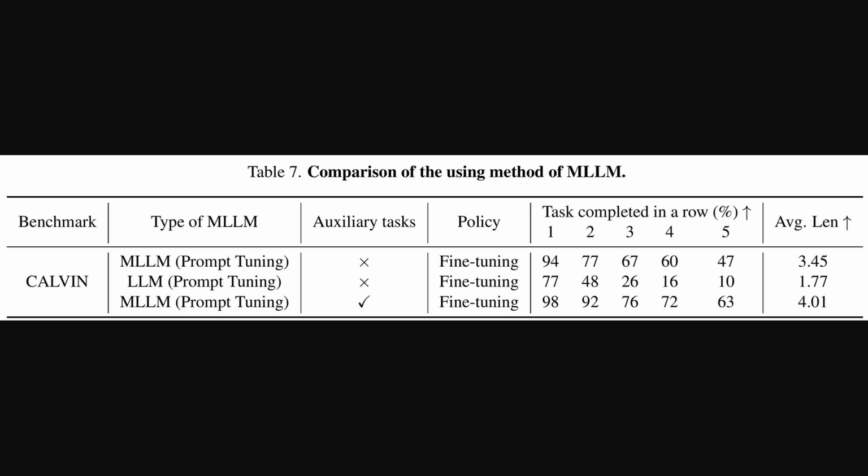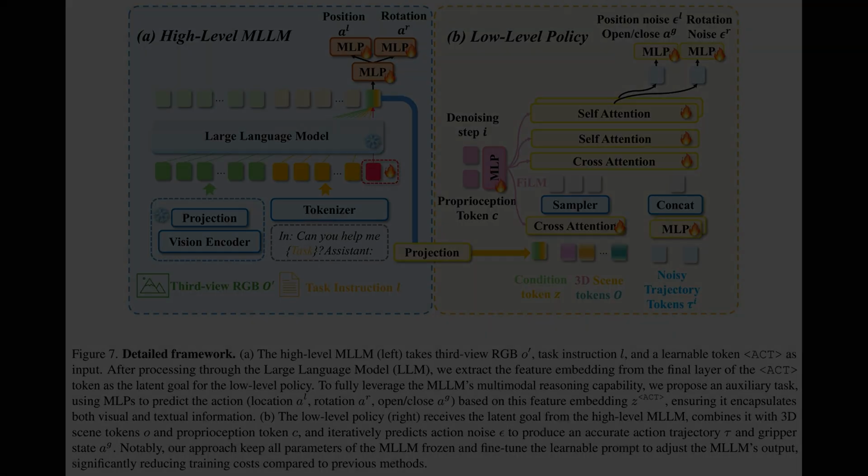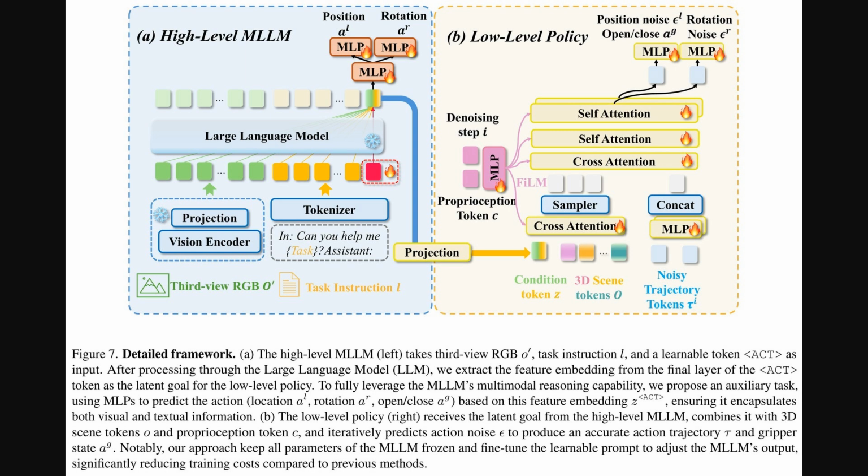Crucially, when an auxiliary task, an additional learning objective, is introduced to train this large multimodal LLM to predict action information, task completion rates improve even more. This enhanced performance suggests the auxiliary task helps the large multimodal LLM better integrate its visual and textual understanding for action.